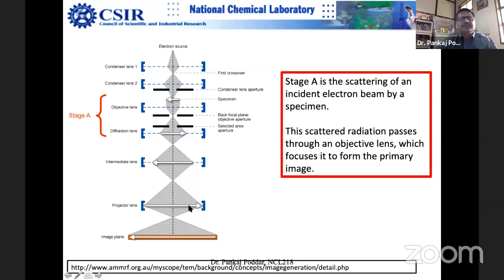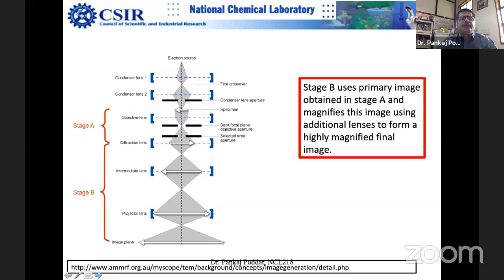So each lens is basically doing this inversion. Finally, in the image plane, you see the magnified image, the magnified version of your specimen here.